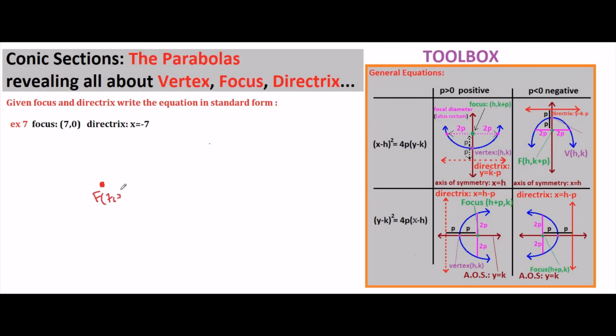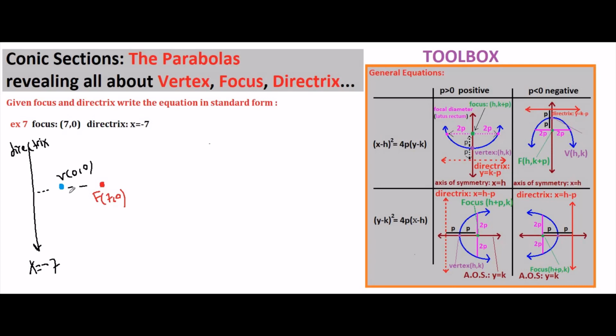Our directrix is x equals negative 7, which is further left from positive 7, so x equals negative 7 is here. This is our directrix. Between the focus and directrix is the vertex, 7 units and 7 units away, so the vertex is (0, 0).